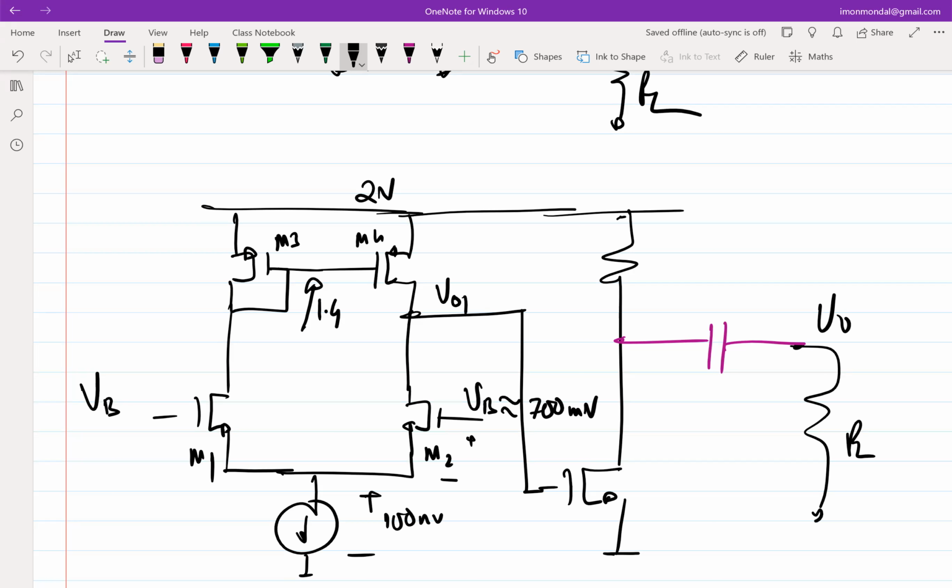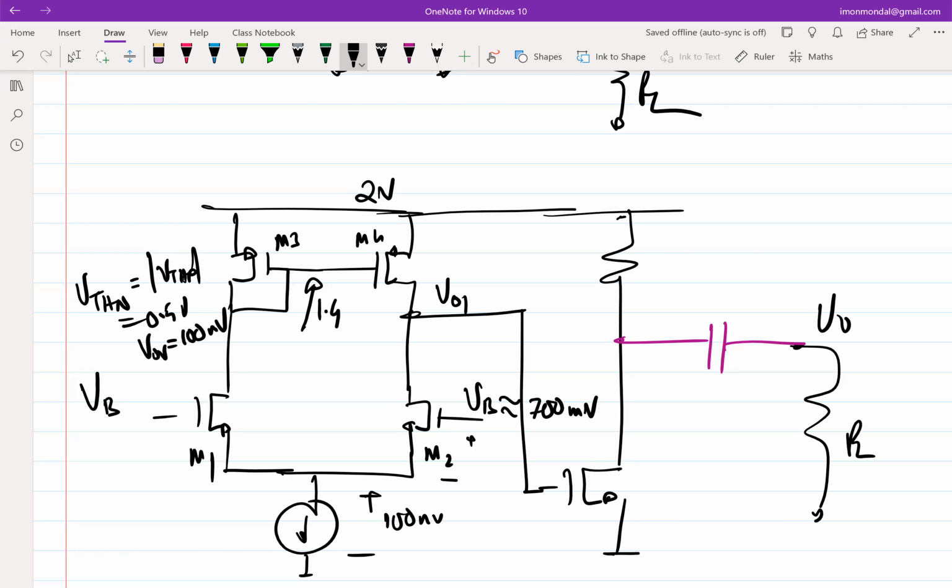So I'm talking about a threshold voltage. Let's say VTHN is equal to the mod of VTHP is equal to 0.5 volt and overdrive of 100 millivolt. So what is the maximum of V01? 1.4 plus 0.5, right?